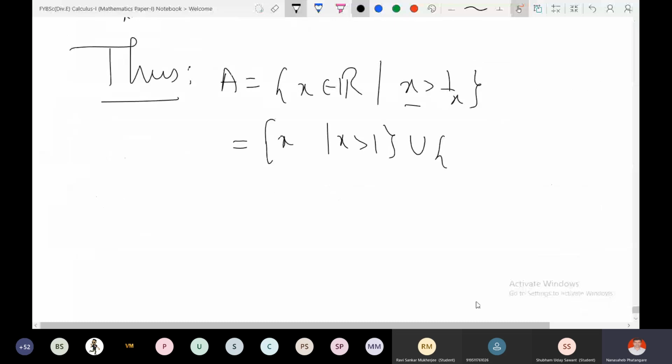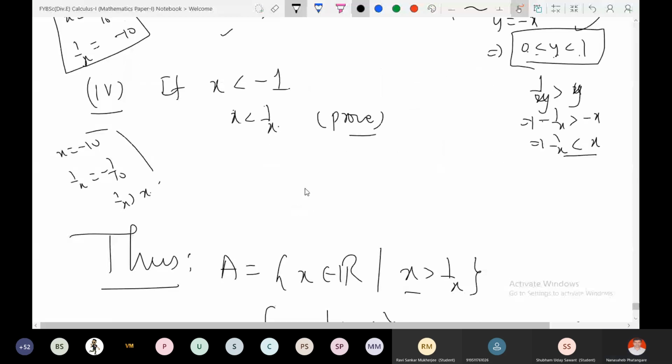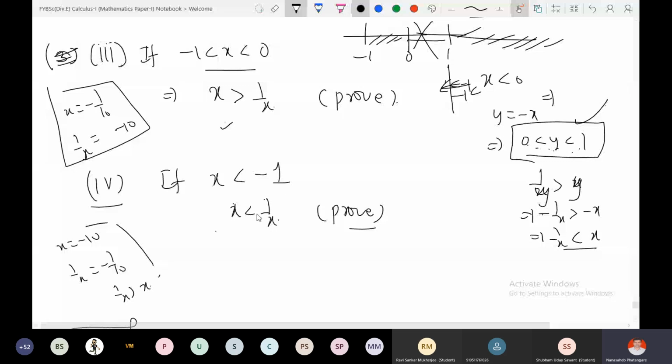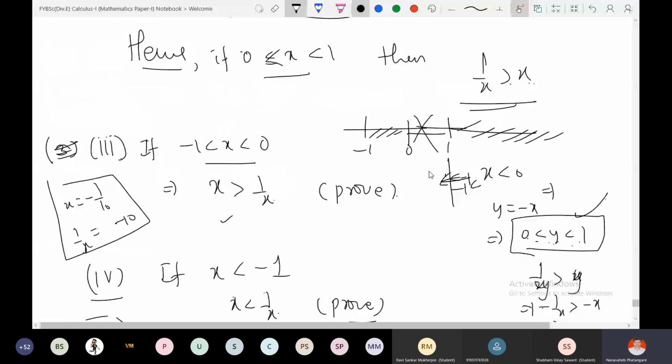So what is the next addition to this set? Minus 1 less than x less than 0, right? And from the fourth case, did you get anything? If x less than minus 1, then nothing, because in this case x is less than 1 by x for every such x. If x between minus 1 and 0, then everything is there. x between 0 and 1, nothing, and x greater than 1, everything.